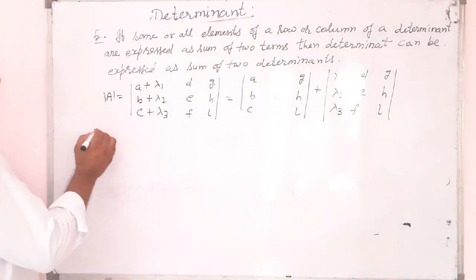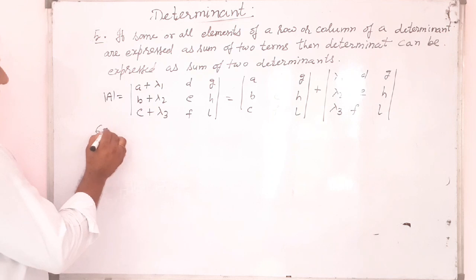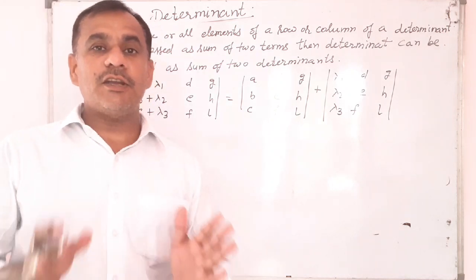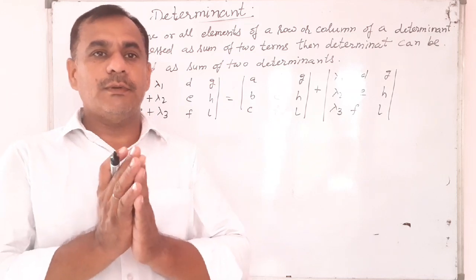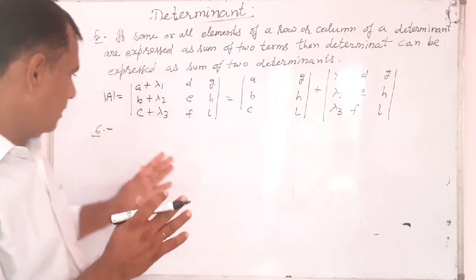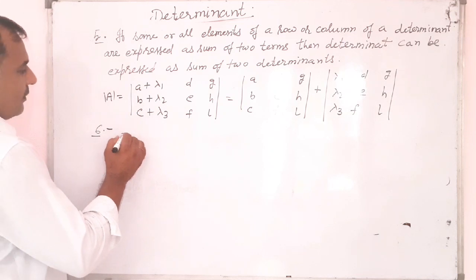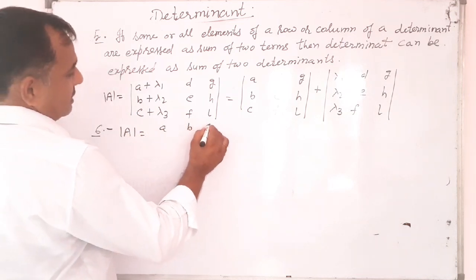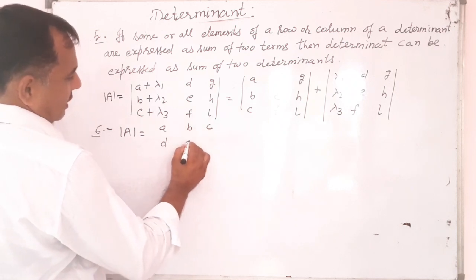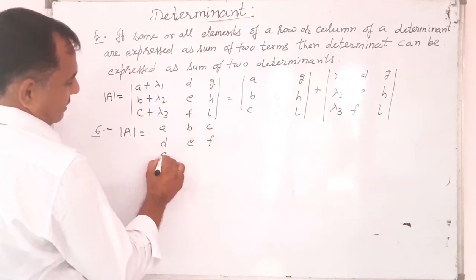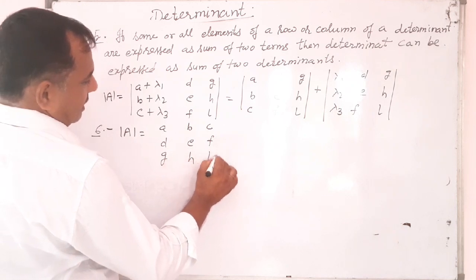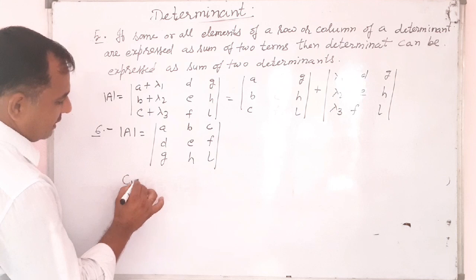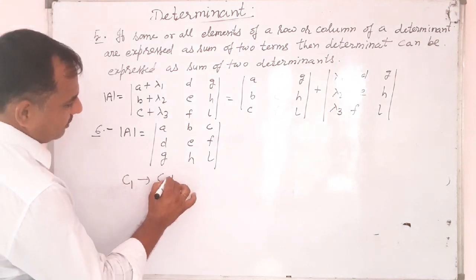Property number 6. We can use all the elementary transformation rules also in determinant. Suppose determinant A is A, B, C, D, E, F, G, H, L. C1 replaced by C1 plus C2.